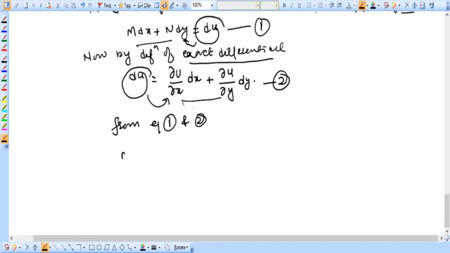Therefore Mdx plus Ndy is equal to ∂u/∂x dx plus ∂u/∂y dy.